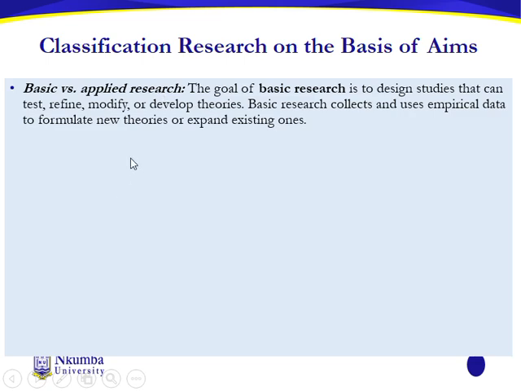Now, students in the university usually do basic research, because basic research can base on what other people have researched, and then you find those are the existing theories, and then you build on that.